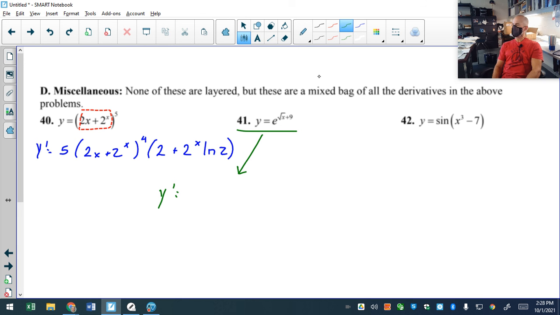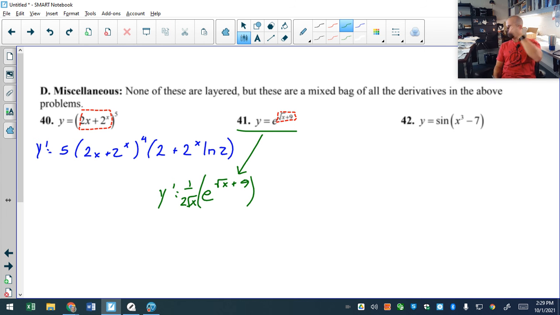Okay, and when you say the function, I assume you mean the exponent. So there's the interior, so you ignore that. The derivative of e to the power is e to the power. And then we multiply that by the derivative of the exponent, which is 1 over 2 square root of x.